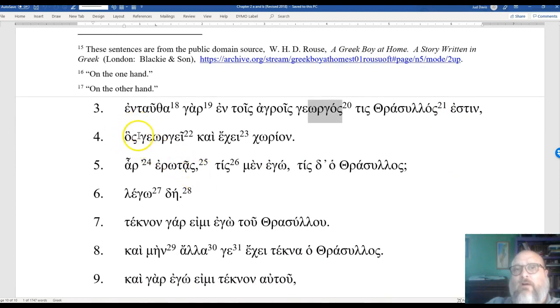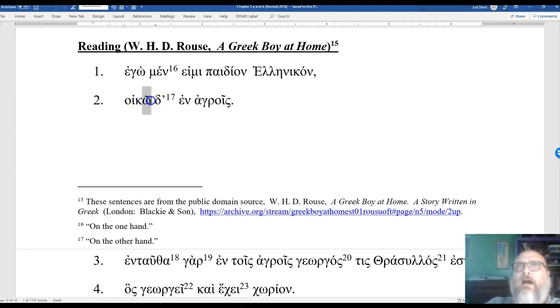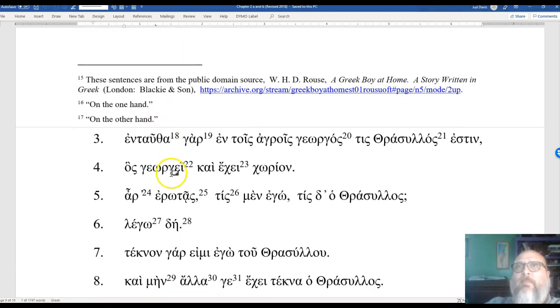who, that's our relative, that's a vocabulary word, who Georges. Now remember how I said that this is how you say I dwell? This is how you say he, she, or it does, whatever the verb is.